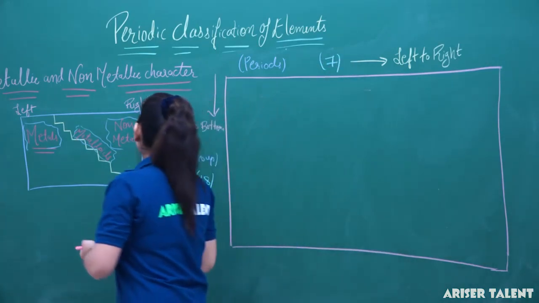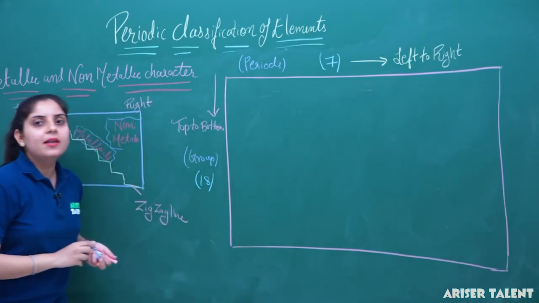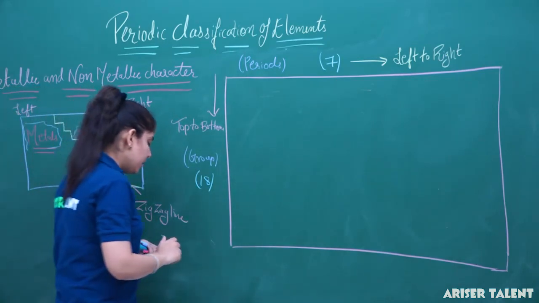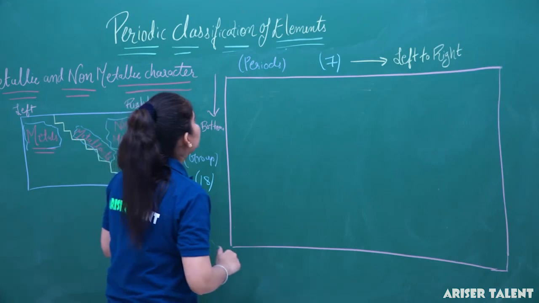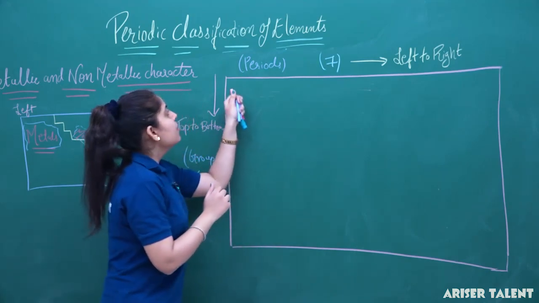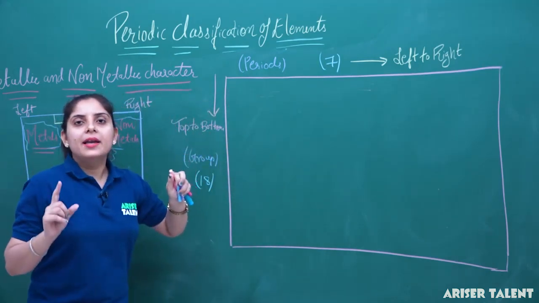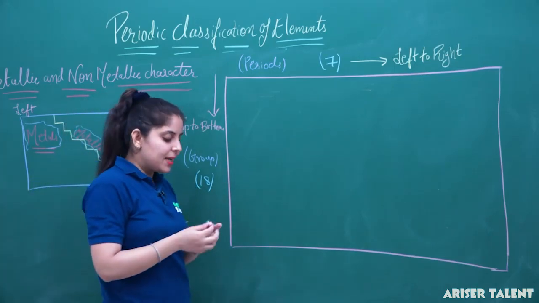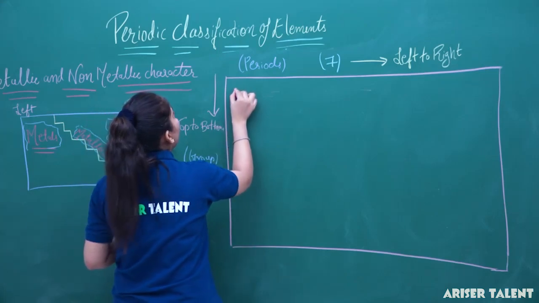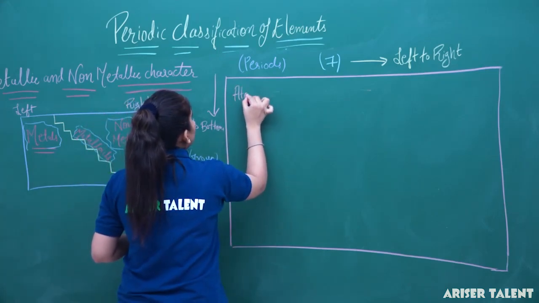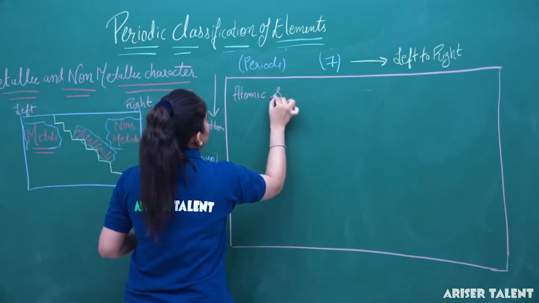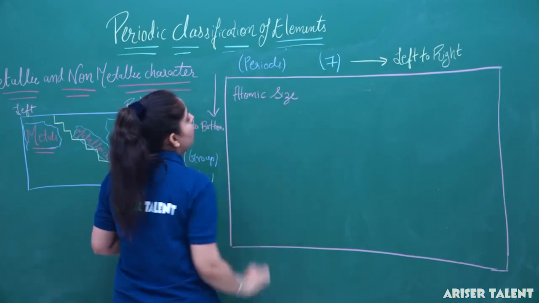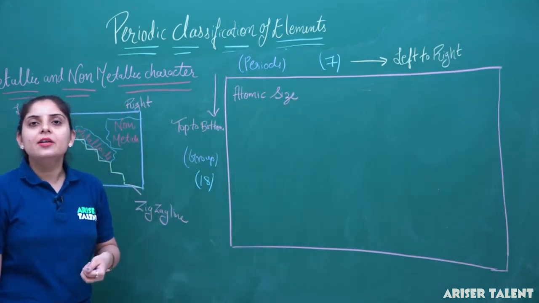Now let us consider the first characteristic that we have discussed, which is the atomic radii. It means the atomic size. So what will be the trend in the atomic size?